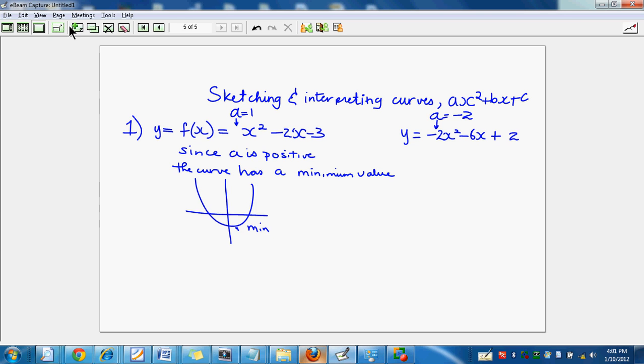In this case here, y equal to minus 2x squared plus 6x plus 2, that is not going to be the case, because A in this case is negative. And if A is negative, we learned in that first note that the curve will have a maximum point.